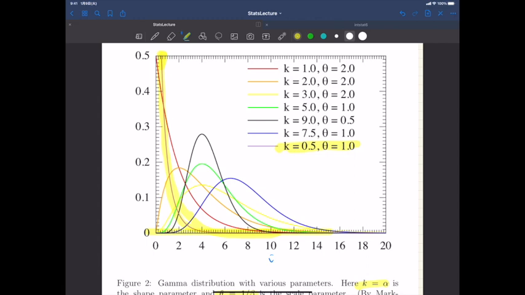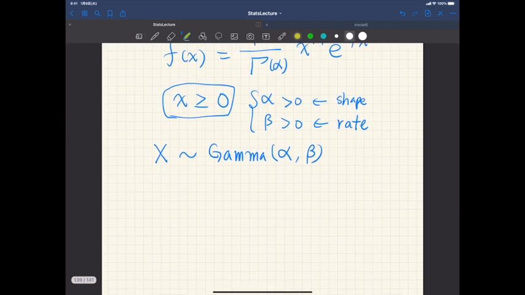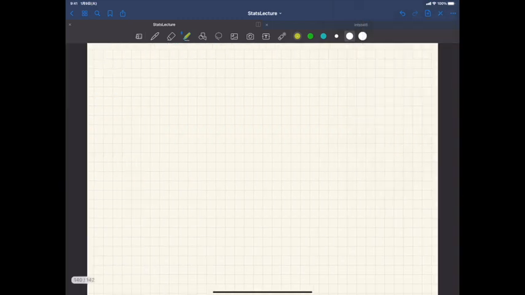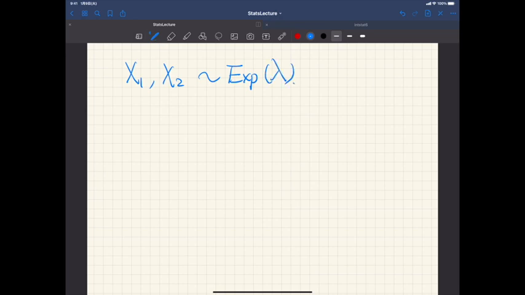Actually, the relationship between the exponential distribution and the gamma distribution is deeper than that. To see this, we have two exponentially distributed random variables, x1 and x2. They are independent and identically distributed according to the exponential distribution with parameter lambda.